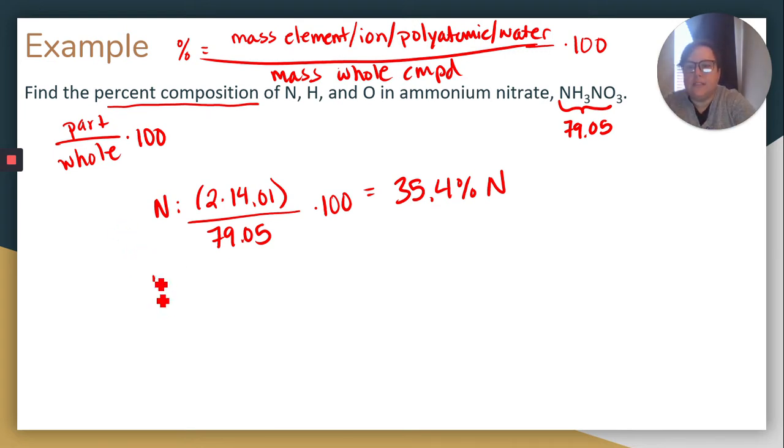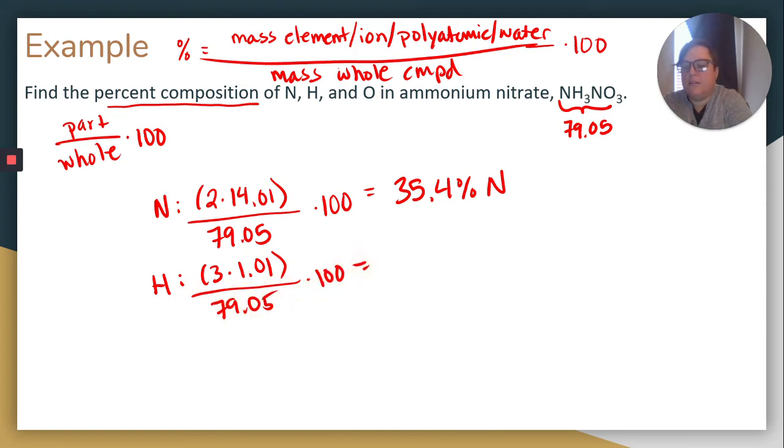All right, so then let's look at our hydrogens. We have 3 hydrogens. So we do 3 times the mass of hydrogen divided by the total mass times 100. And we get 3.8%.